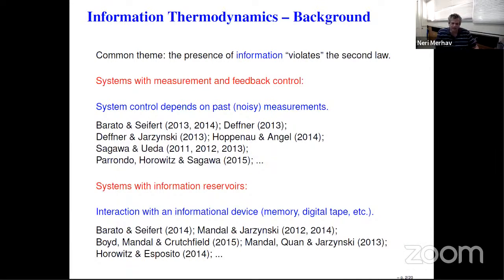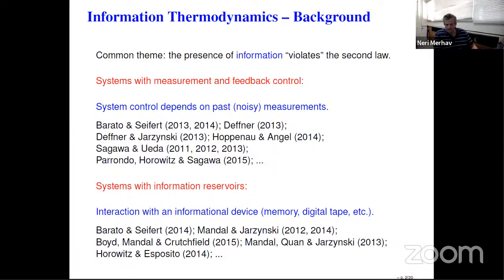And I would say that the research in this problem area can be roughly categorized into 2 main categories. One of them is about systems with measurement and feedback control.